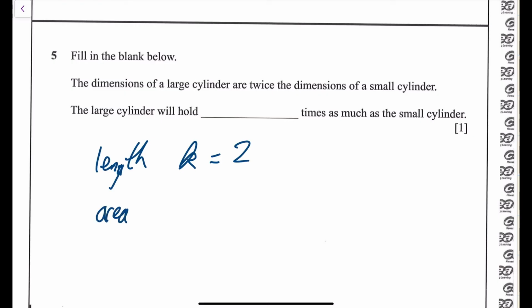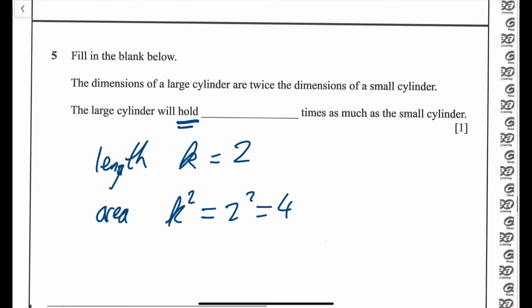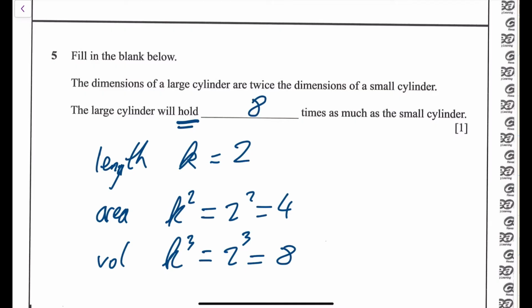For the area, the scale factor is k squared, so that's 2 squared, which is 4. And when it says it will hold, that means the volume. So for volume, it could also have said capacity, it is k cubed, so 2 cubed, and 2 times 2 times 2 is 8. So it is 8 times as much as a small cylinder. That was about scale factor.